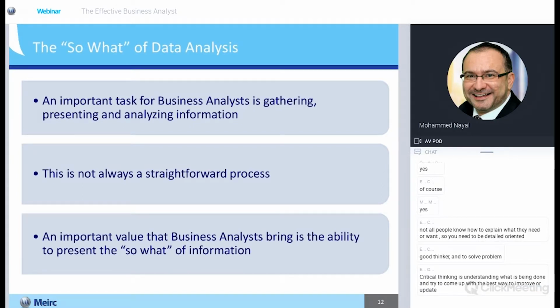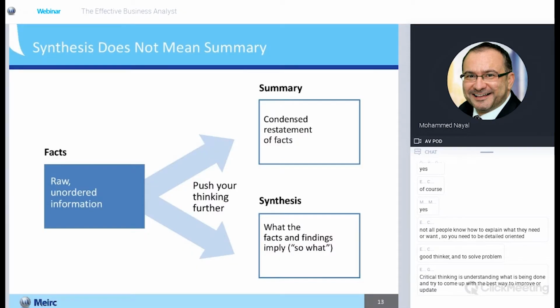The so what of data analysis is something that is quite important for a business analyst to have. Business analysts always gather information, they present it, they analyze it, but that's not always a straightforward process.